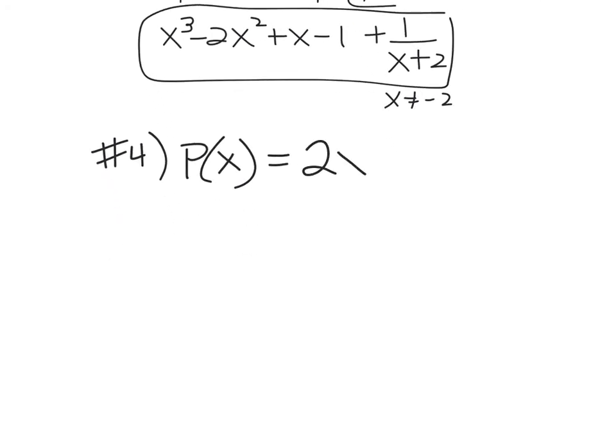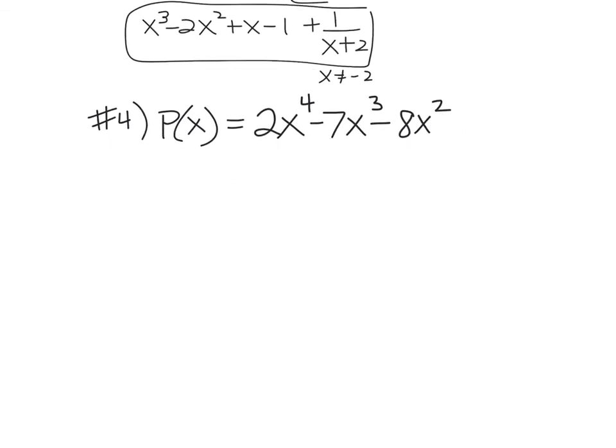That's the guy's name. All right, 2x to the 4th minus 7x cubed minus 8x squared plus 14x plus 8. Okay, so here's a polynomial. Yep, it's a lengthy one. We know that this polynomial has 4 zeros.